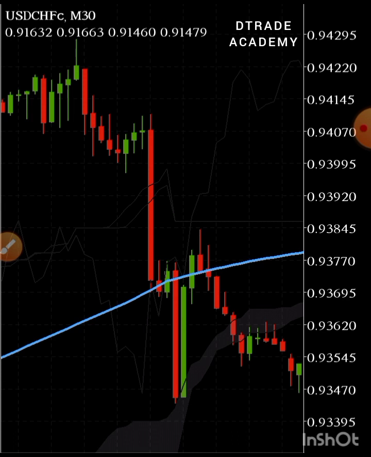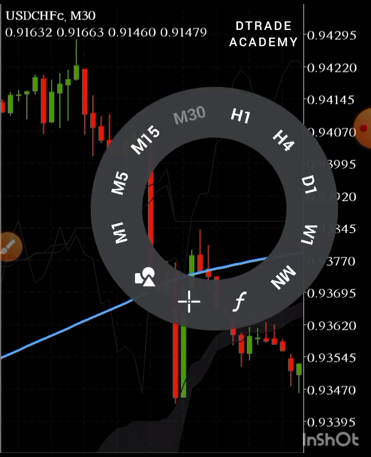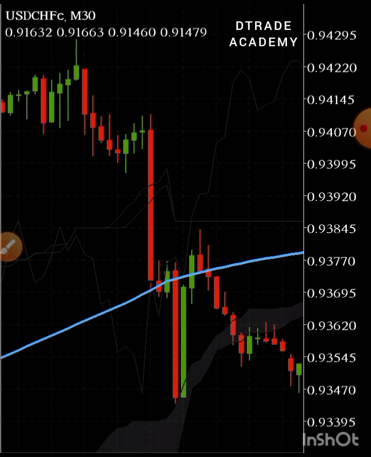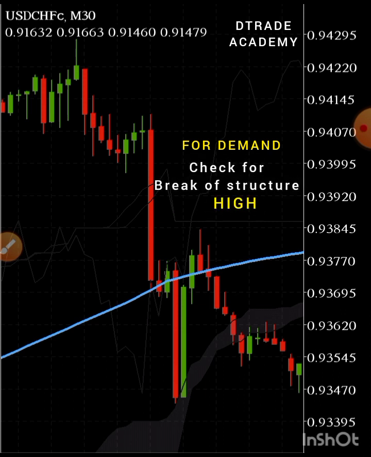Demand and supply can be identified when we have a break of structure. The last candle that is responsible for the break of structure, the last reversal candle, is the area we look to pick our trade on demand and supply.